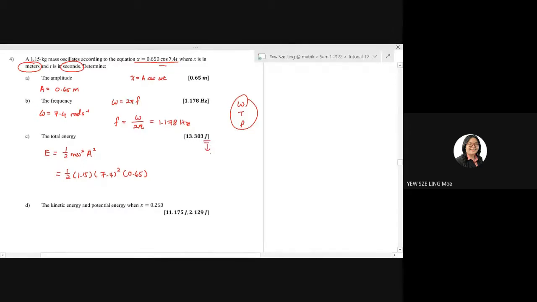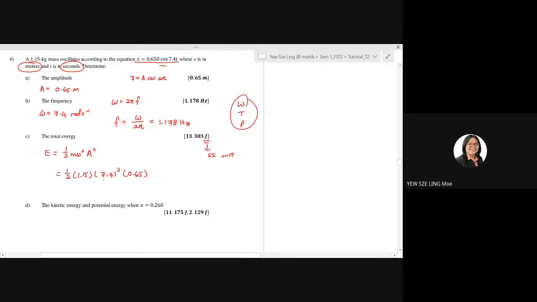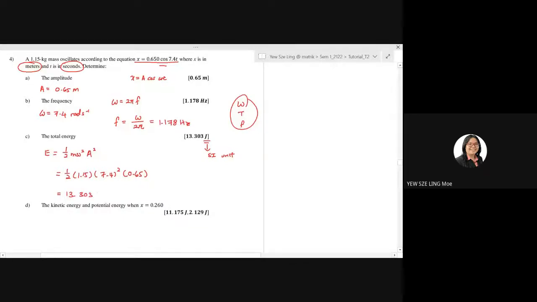Joule is the SI unit. So m, omega, and A, all three of them, must be in SI unit. So half times 1.15 times 7.4 squared times 0.65 squared, the final answer is equal to 13.303 joule.